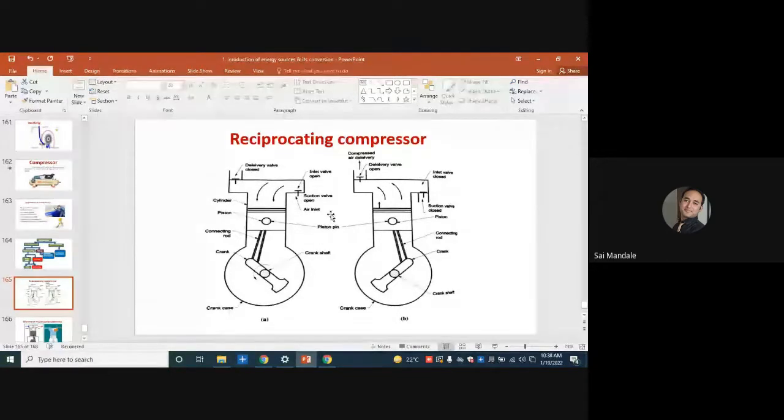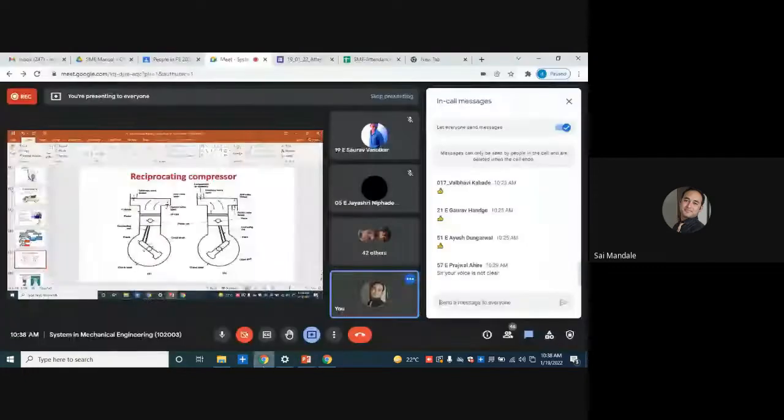With these two additional parts, your compressor is ready to go. One more time we are repeating: inlet valve, that is the suction valve, delivery valve, cylinder, piston, connecting rod, crankshaft and crankcase.